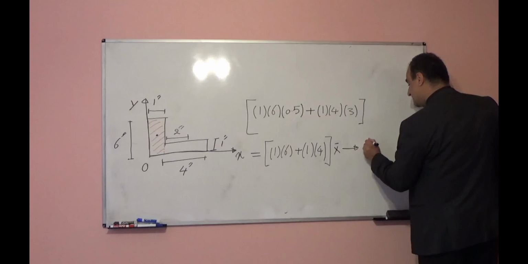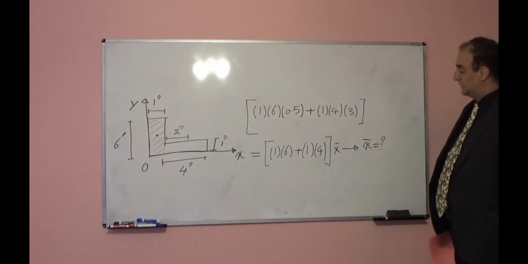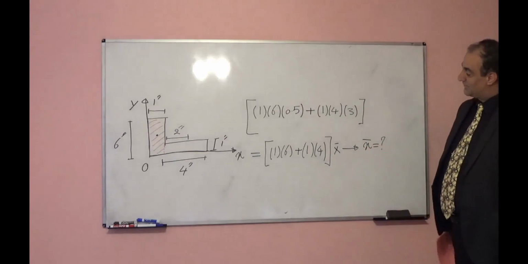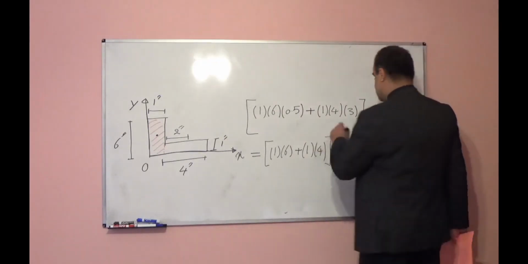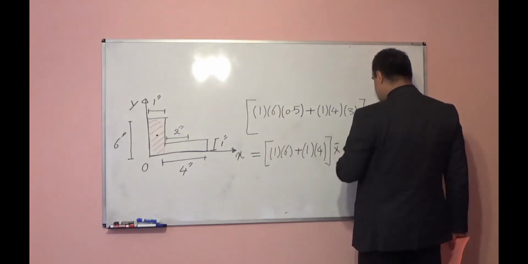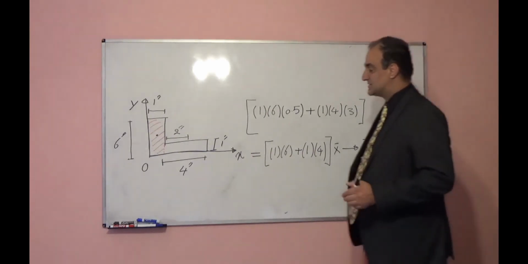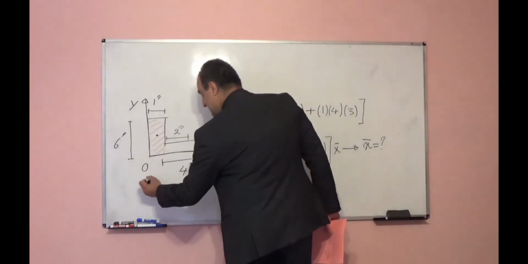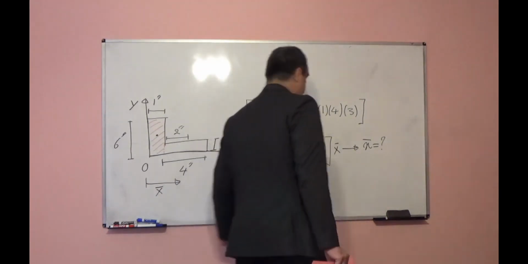So, this moment of area is equal to total area times x bar. From here, I can find x bar, means the centroid of this object in the x direction, the location.